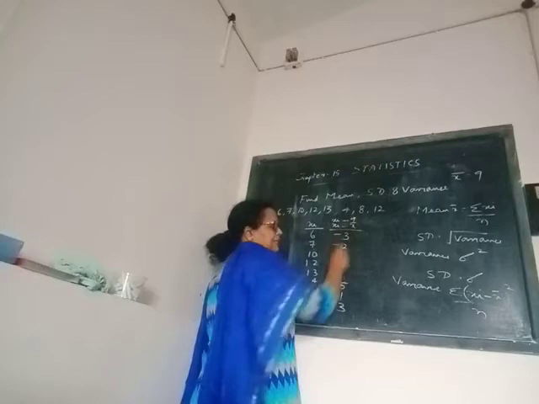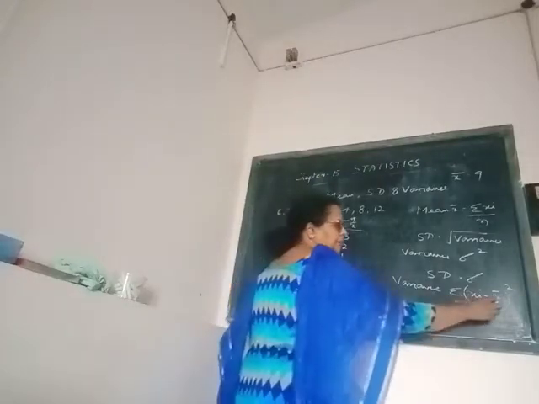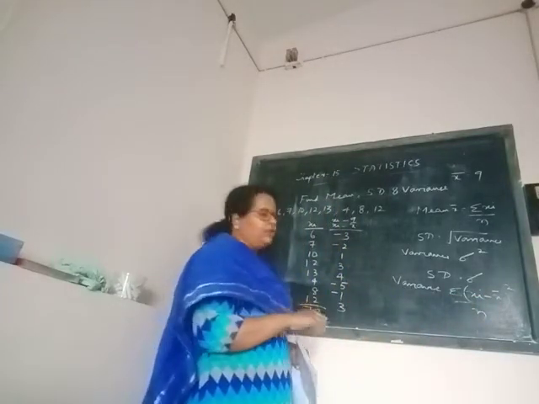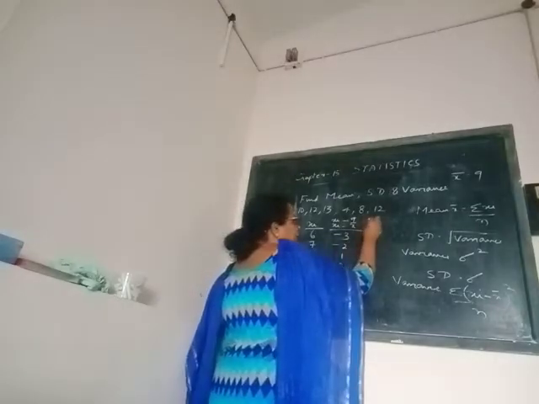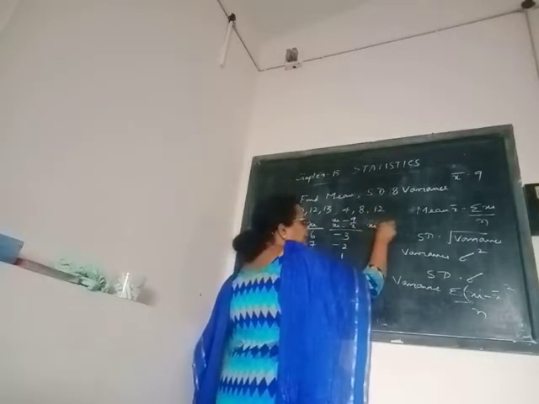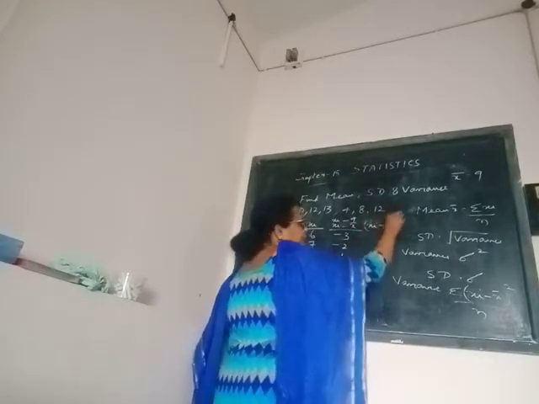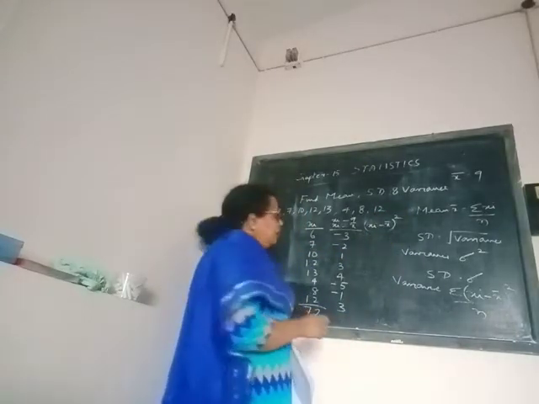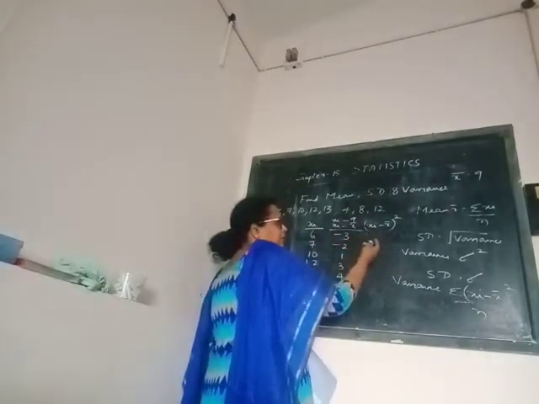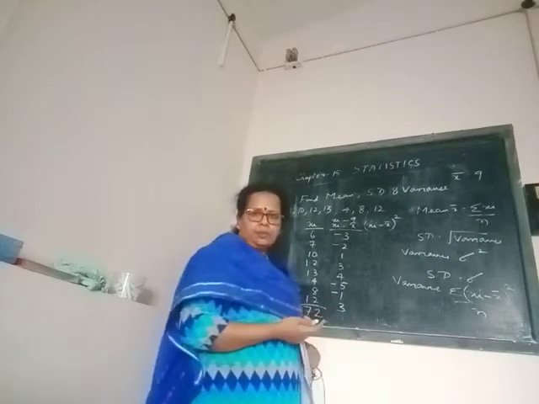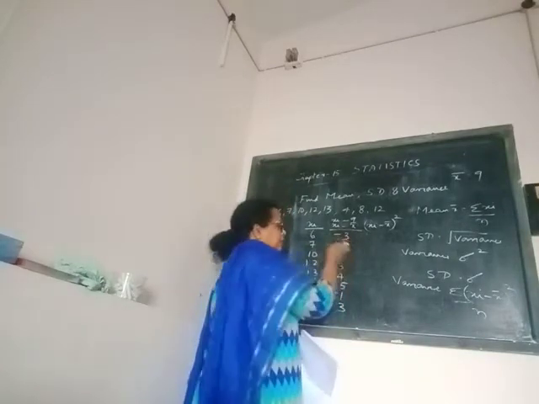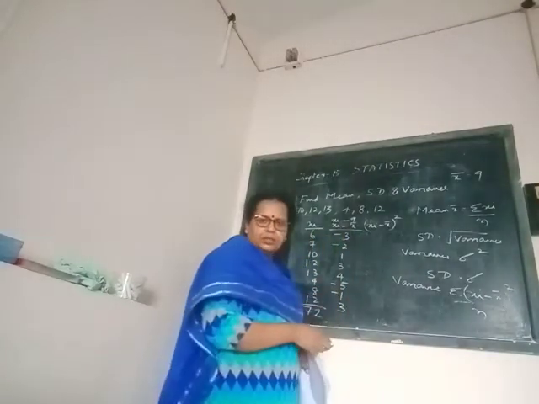But we don't want xi minus x bar. What we want is xi minus x bar whole squared. So write the next column as xi minus x bar whole squared. As it is whole squared, all terms are positive. So no need of worrying whether it is negative or positive.